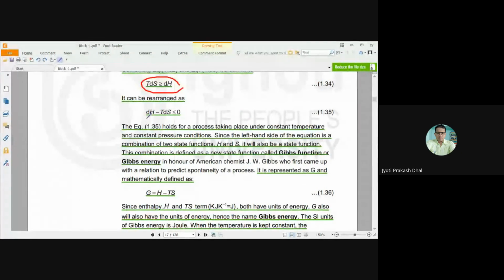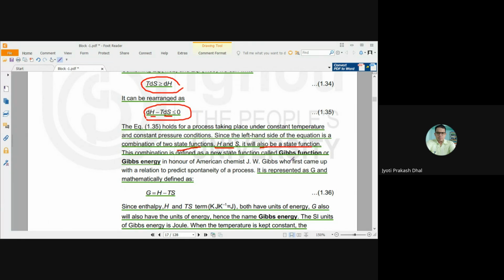Since the LHS of this equation is a combination of two state functions, H and S, it will also be a state function. Enthalpy is a state function, entropy is a state function, and temperature is constant. That's why the LHS of equation 35 is also a state function.